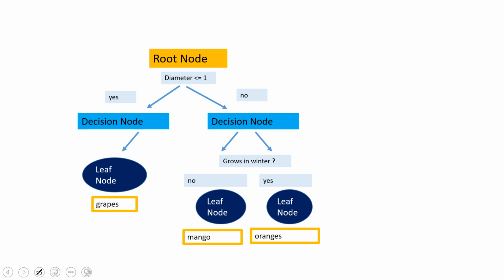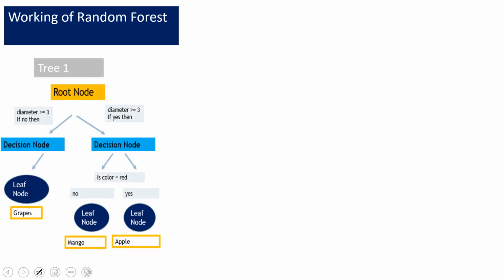Now from each decision tree 1, 2, and 3, we will be able to get the majority voting out of it. Let's bring all these three decision trees together and combine them to make a random forest. Random forest comprises different decision trees, and the output of the different decision trees is used for majority voting to get the final prediction.